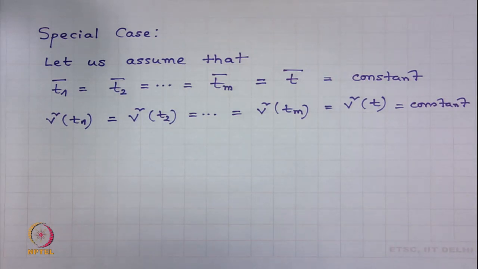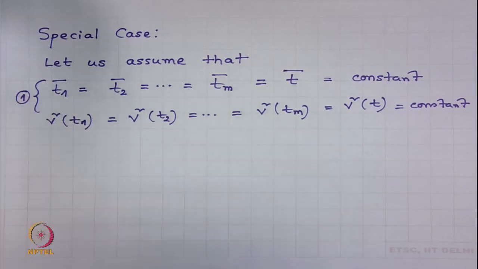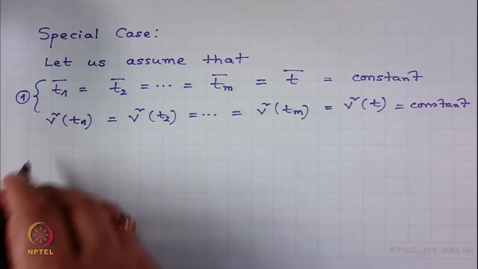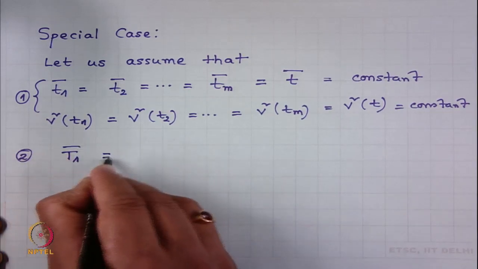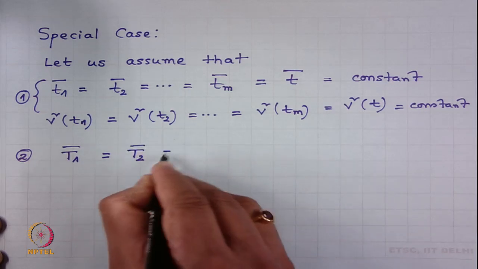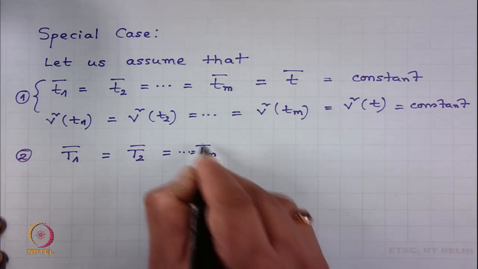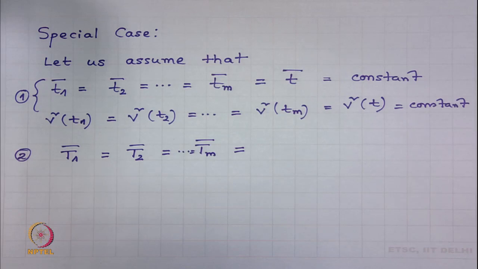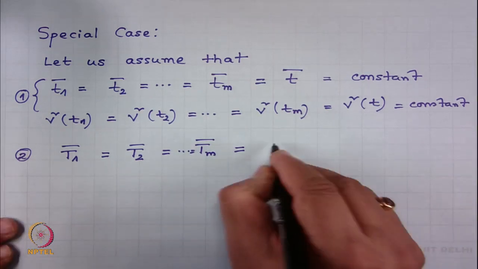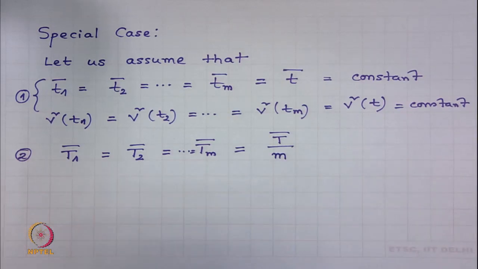Also we consider that the fineness of all slivers are same. That means, T 1 bar, T 2 bar, T m bar, which is equal to capital T bar by m, right.